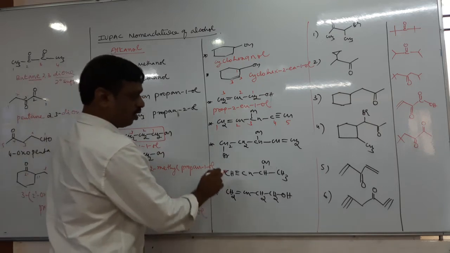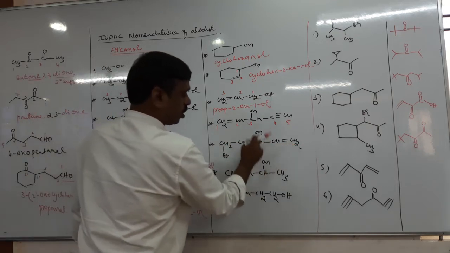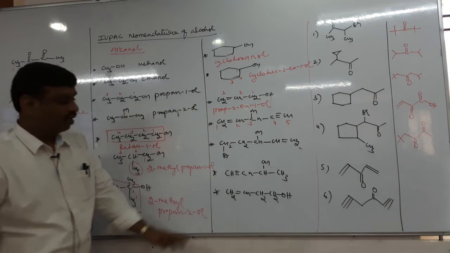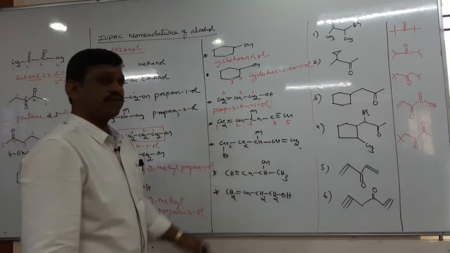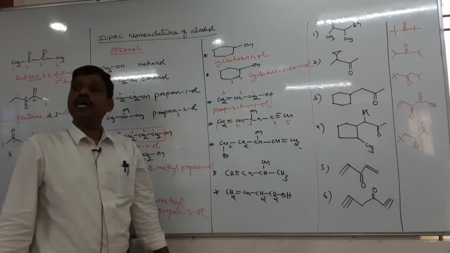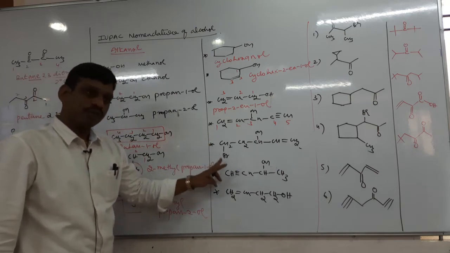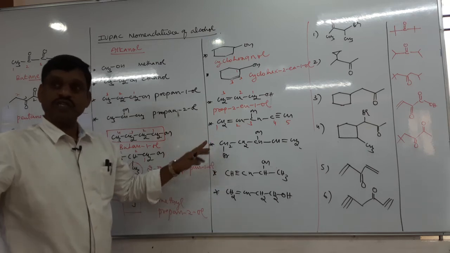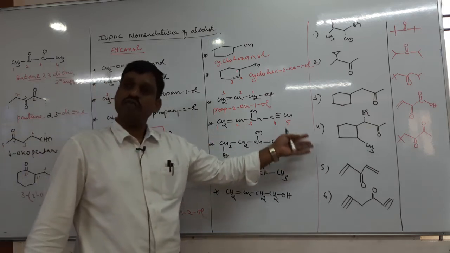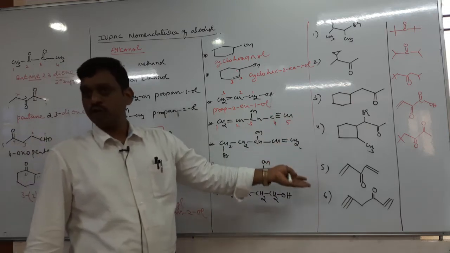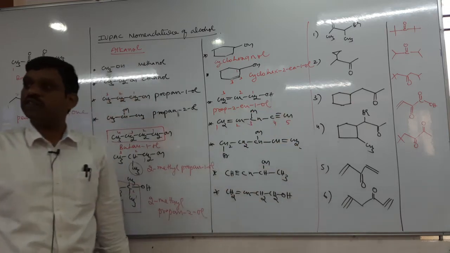Next, 1, 2, 3. OH gets the same numbering from both sides. Then there is a double bond and Br. So the double bond has to get more priority. Why? Because Br is just a substituent, whereas the double bond is a functional group. It has least priority, of course, but it comes under the category of functional group.